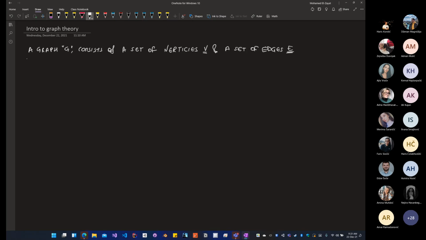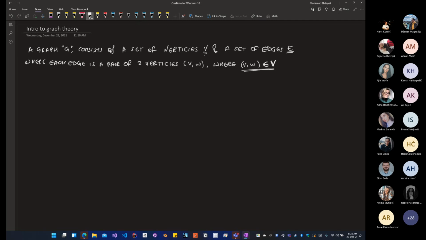where each edge is a pair of two vertices, V and W, where V and W also belong to the set V. So they are in that set of vertices, not outside of that set.